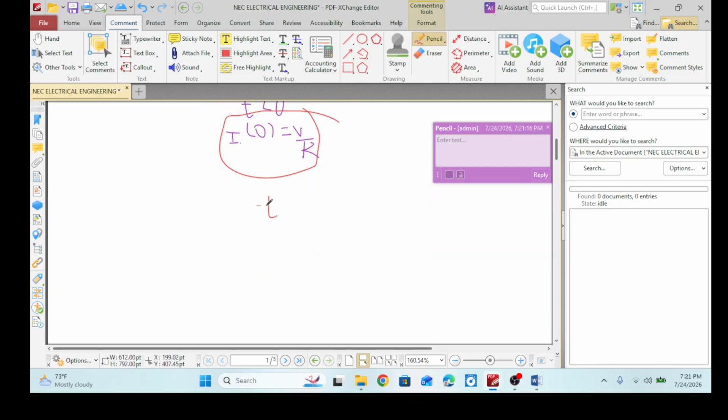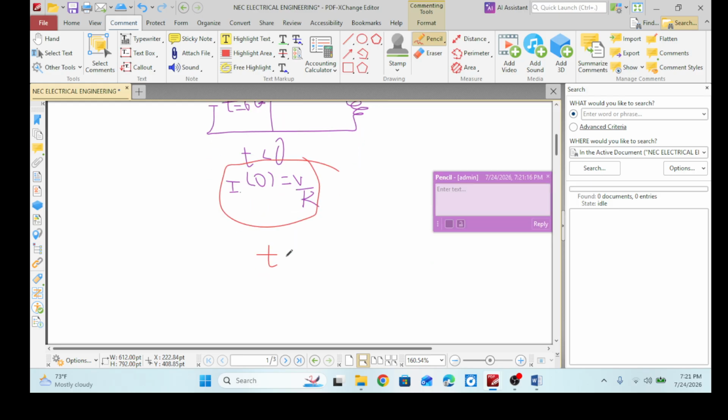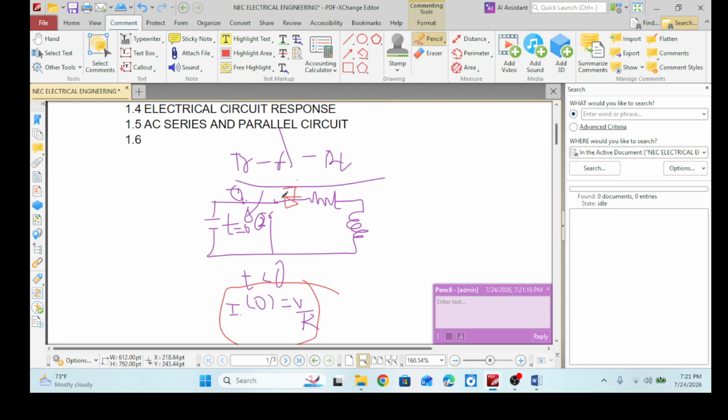When t is equal to 0, this key will move towards node 2. So the circuit would be this: resistance and inductance.